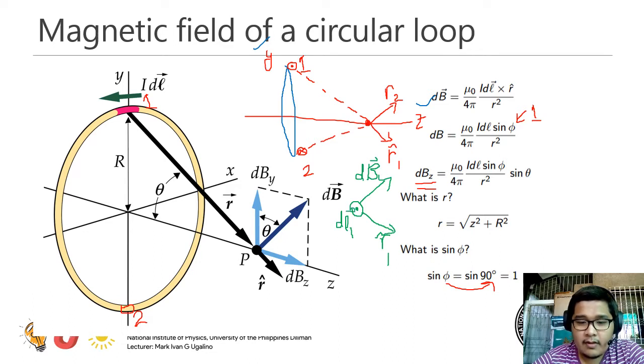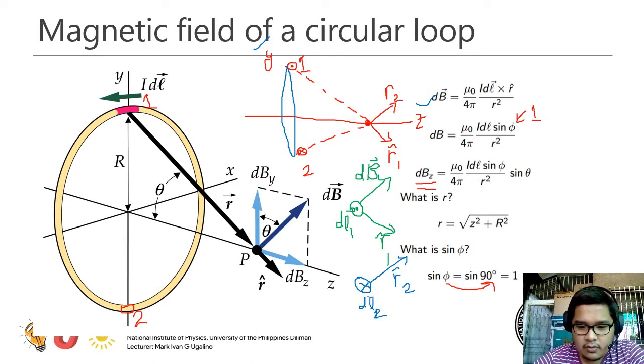On the other hand, let me draw DL2 cross R hat 2 using the blue color. For DL2 cross R hat 2, you have here a current that is flowing into the page, and R2 that is pointing in that direction. So this is your R hat 2 and this is your DL2.